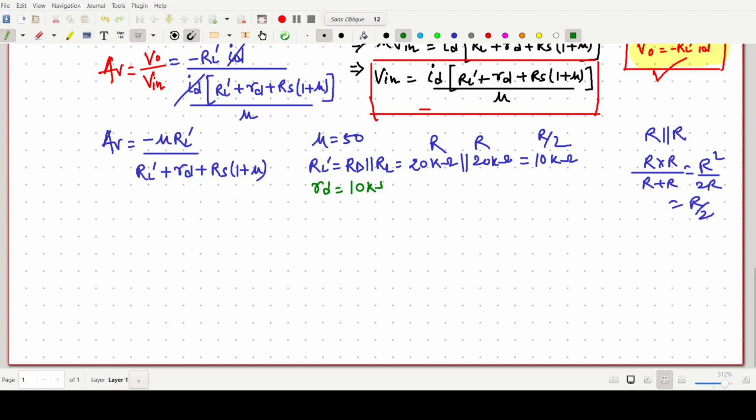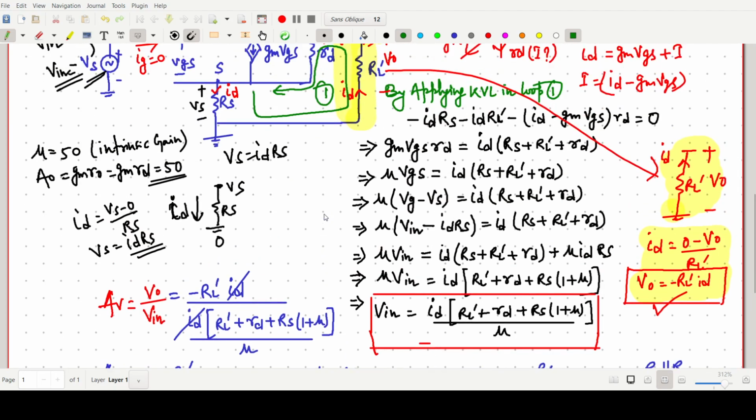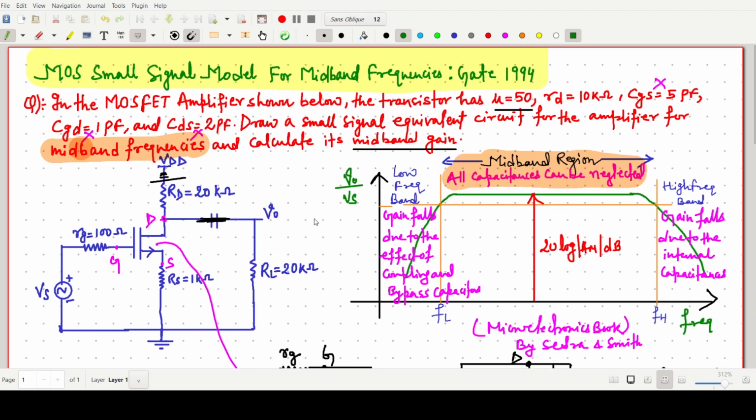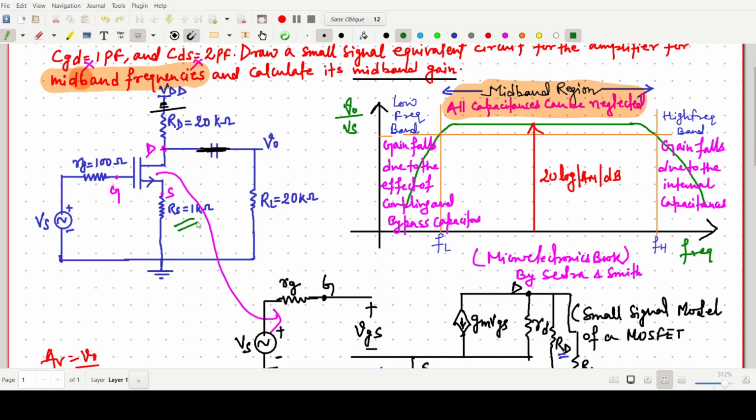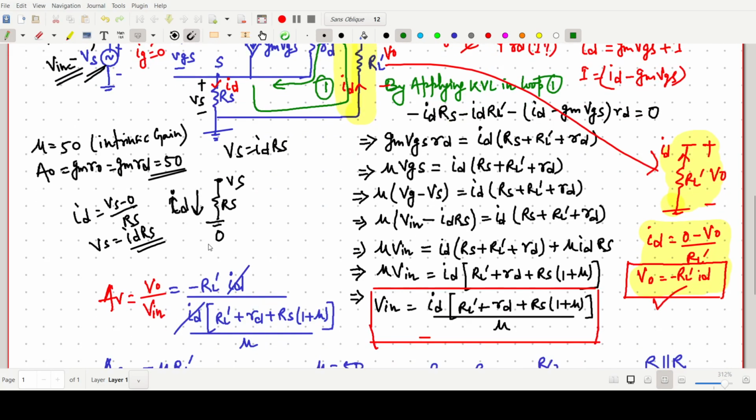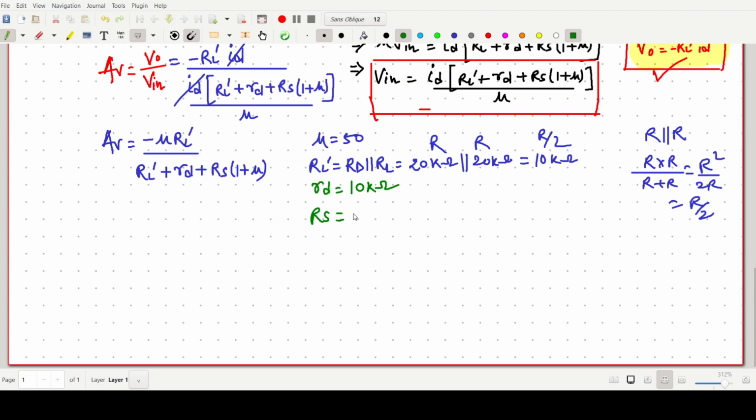Now one more thing, RS resistance. In the question RS is given as 1 kilo ohm. So RS resistance will be 1 kilo ohm.